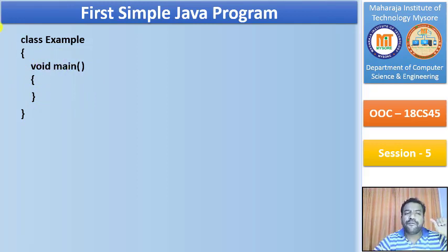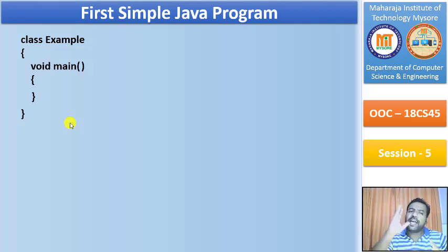Now, as I have just told, any program should contain a main function, because the starting point of the execution of any program is going to be the main function. Hence, the execution even in a Java program will start from the main function.